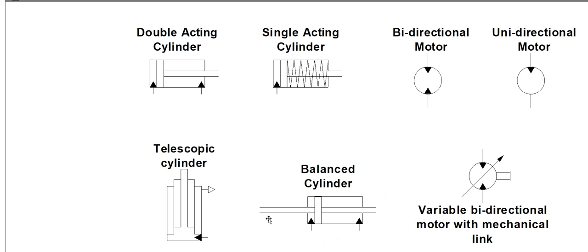Another type of cylinder out there is known as a balanced cylinder, also known as a double rod, because it has a rod out both sides. So whether you're moving this cylinder left or right, you have a rod going out either end, either retracting or extending. So it is known as a balanced cylinder because we have the same displacement on either side of the rod.